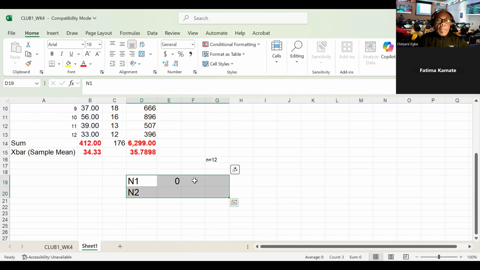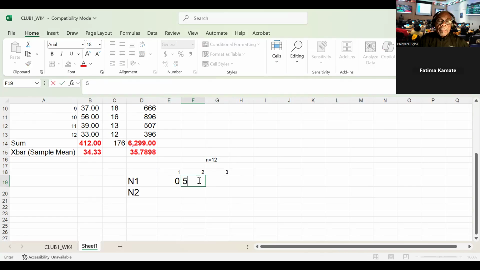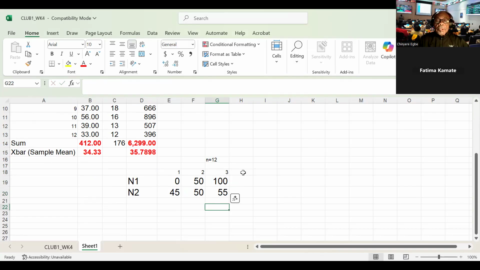There are three individuals in each neighborhood: 1, 2, 3. This is 50. This is 100. This is 45. This is 50. This is 55. So what is the average in each neighborhood?